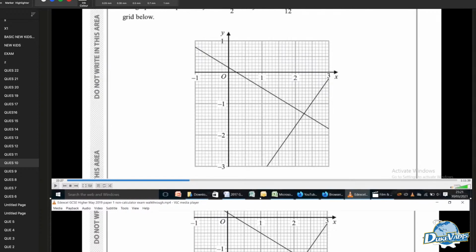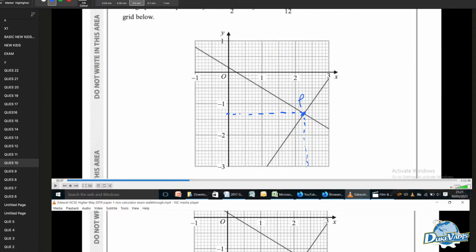To find the values of x and y, if we look at this, you see the simultaneous equations meet at a certain point. Let me demarcate this point as P. So we'll draw a line through here, it goes like that and down to the x-axis.